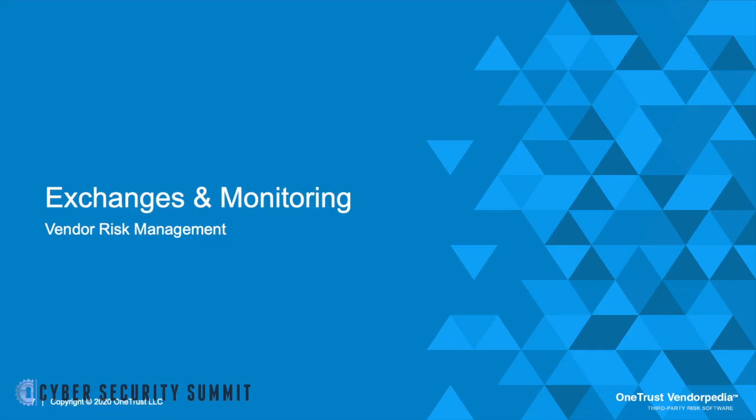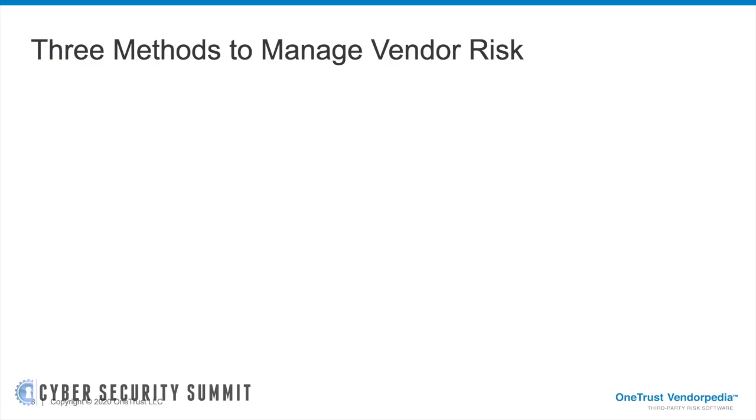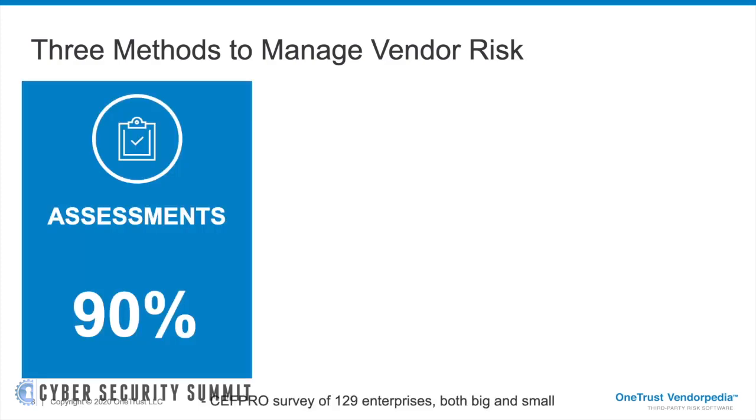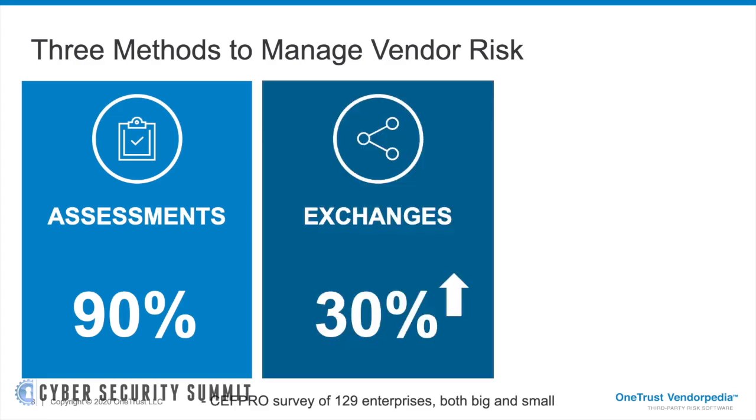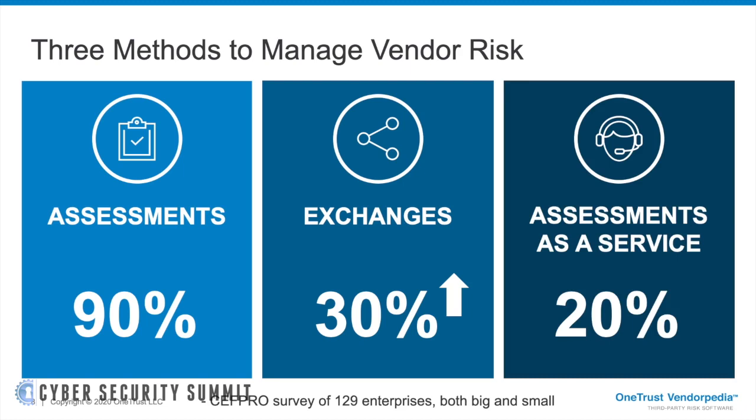So moving from those drivers now into what makes up the exchange and how continuous monitoring should be incorporated. Presently, there are three methods to manage vendor risk: assessments, exchanges, and assessments as a service.